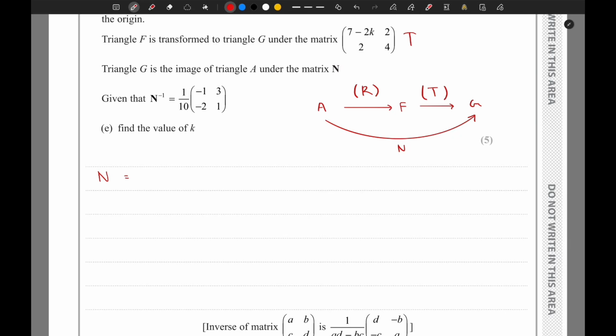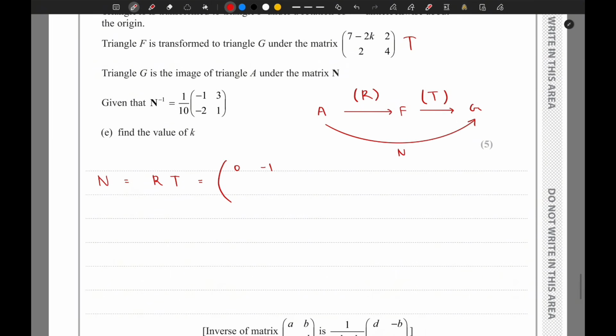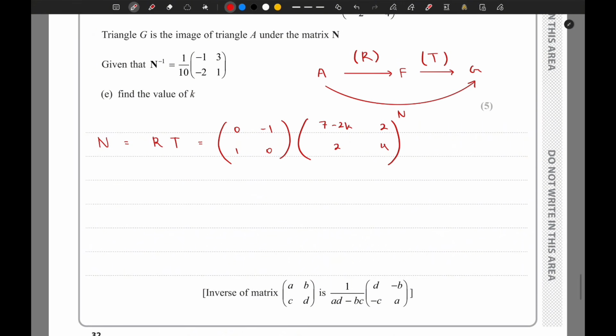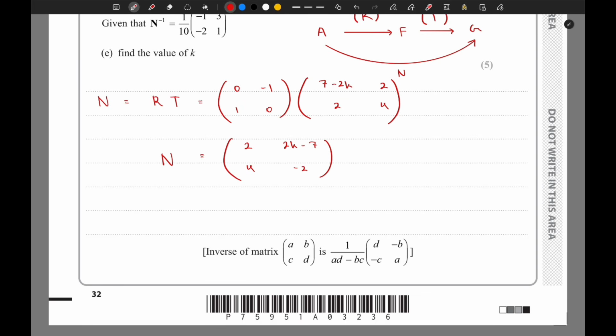So we can say that N is equal to R times T, which means that the rotation matrix, that is 0, minus 1, and 1, 0, multiplied by the transformation matrix, which is 7 minus 2k times 2, 2 and 4. So this will be 2 and 4, 2k minus 7 and minus 2. Now this is the matrix N.